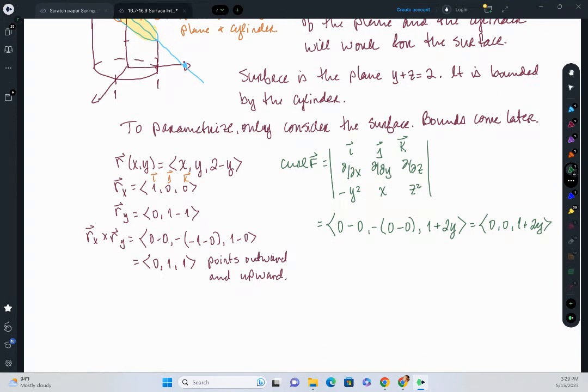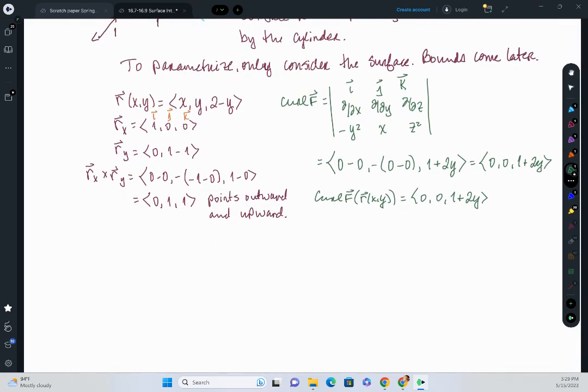So in my x and y components, I have 0. In my z component, I have 1 plus 2y. I'm supposed to take whatever y is from my parametrization, but in my parametrization, y is y. So curl of f of r of x, y is exactly the same. It's just 0, 0, and 1 plus 2y. There are no changes there.